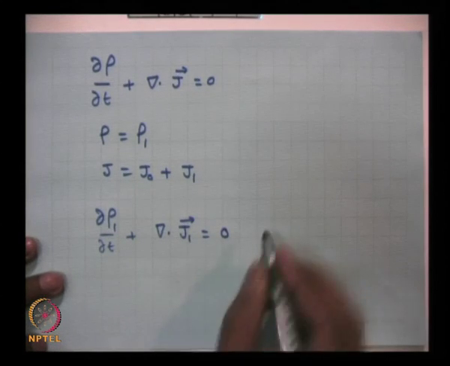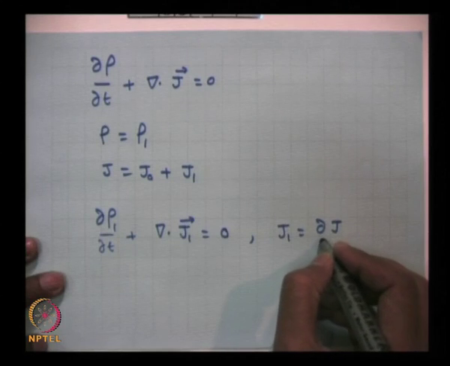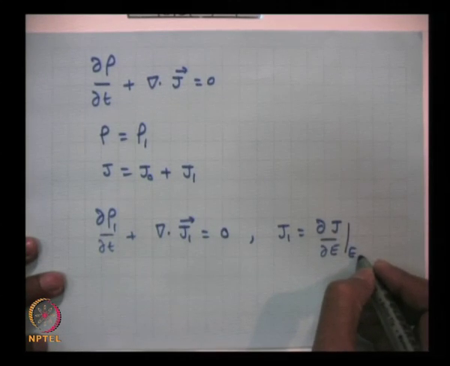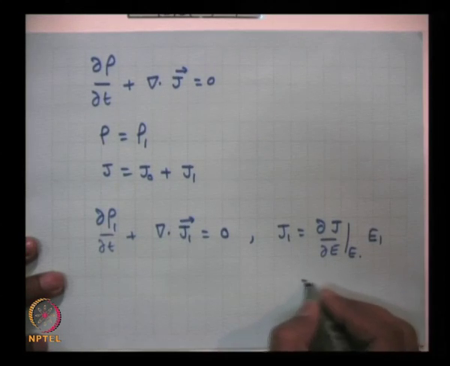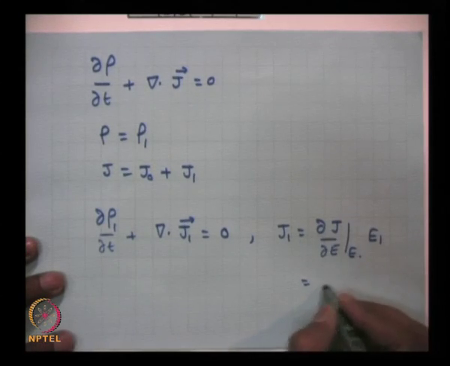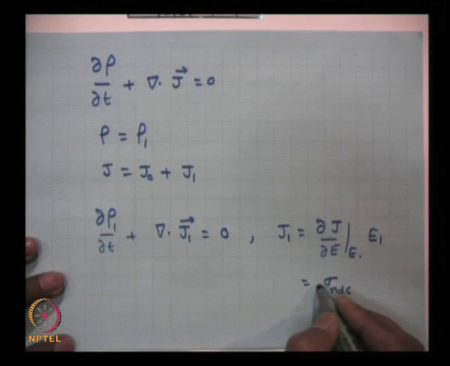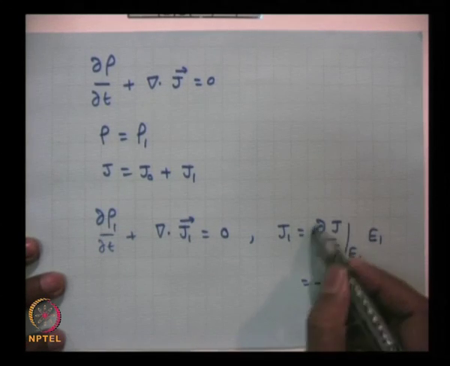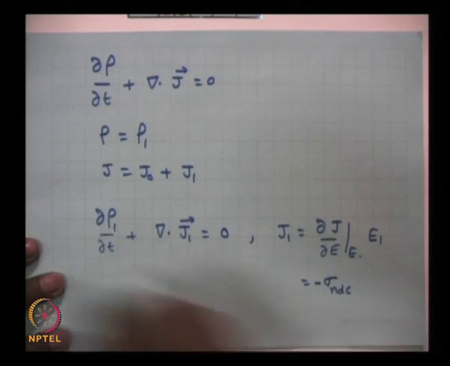But J1 I had written as delta J upon delta E at E0, where you have biased the semiconductor, into E1. This ratio is normally written as sigma n dc, and the slope was negative, so this can be written like this. So, I write this ratio as minus sigma n dc, because the slope was negative.